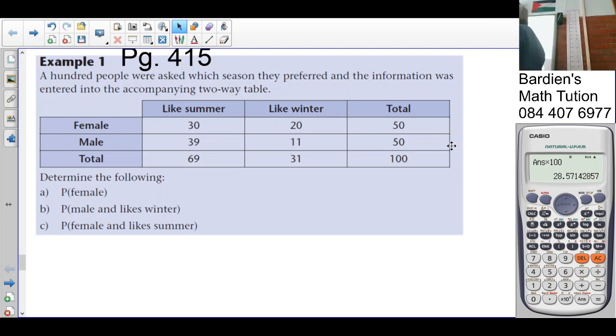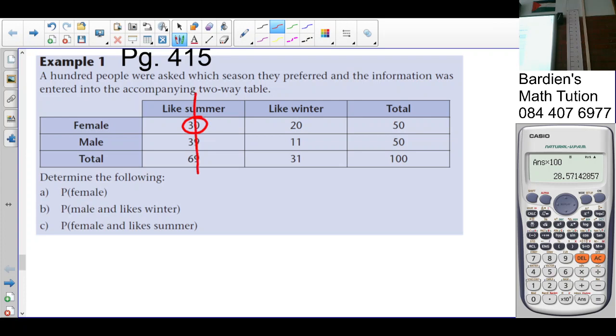So here we are told that 100 people were asked which season they preferred, and the information was entered in the accompanying two-way table. So you got females, males, likes summer, likes winter, and that's the table that they came up with. If you look at the 30, it would represent the people who like summer and being female at the same time.